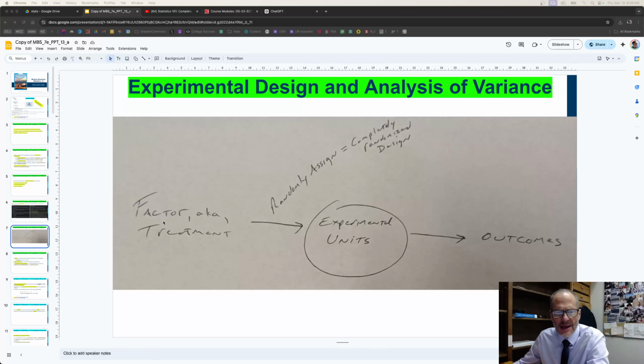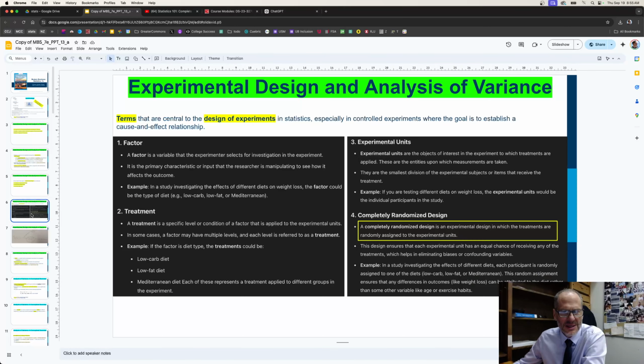And for me, treatment is a subcategory of factor, but they're used interchangeably in my own head. That's how I read them or understand them. I also understand that treatment is a subcategory of factor, right? But that's the diagram I came up with. I hope you came up with something that makes sense to you.